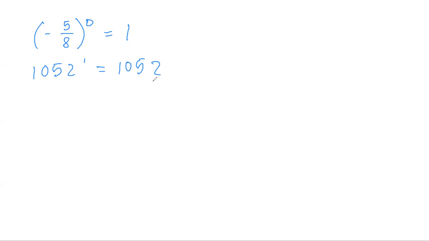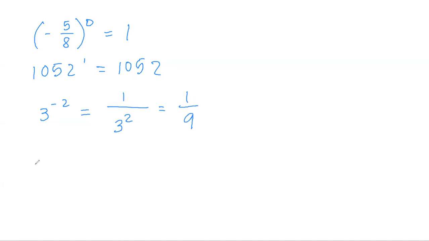Let's see what else. So if I had 3 to the -2, again, just be careful. This doesn't mean that my number is negative. It actually just means it's a reciprocal. So 1 over 3 squared, which you can simplify down to 1/9.